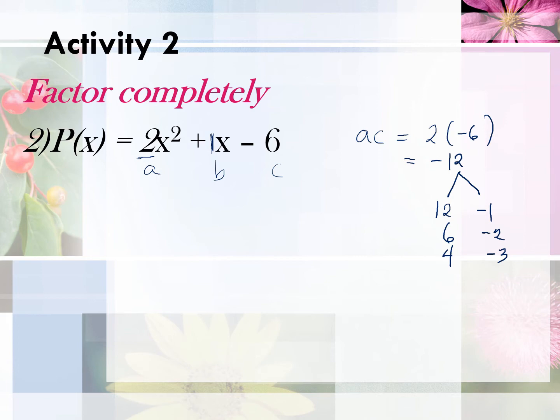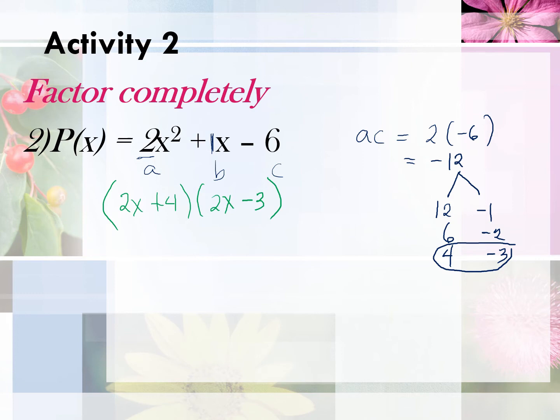I-add natin ngayon: 12 plus negative 1 ay 11, 6 plus negative 2 ay 4, 4 plus negative 3 ay positive 1. So, mukhang ito na yun. Ito na yung dalawang pairs of numbers na kailangan natin. So, ang factor natin, pwede natin isulat as 2x plus 4 at tsaka 2x minus 3.